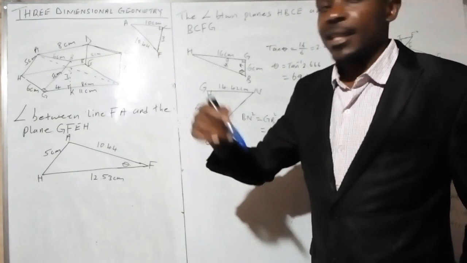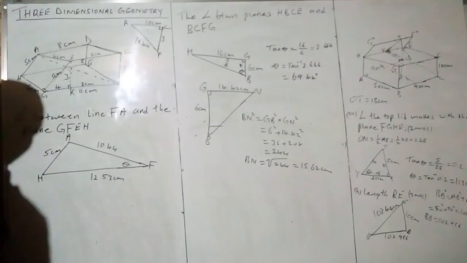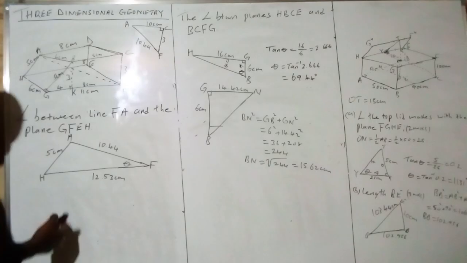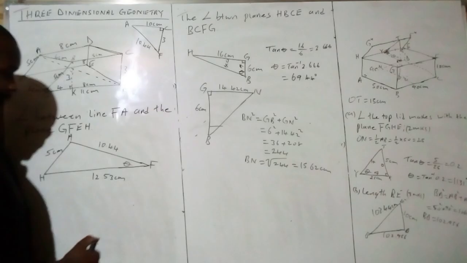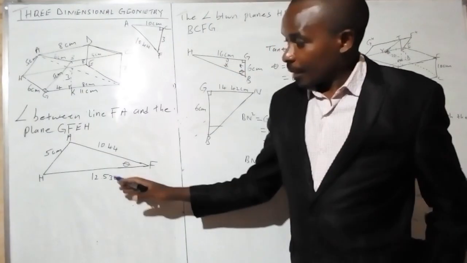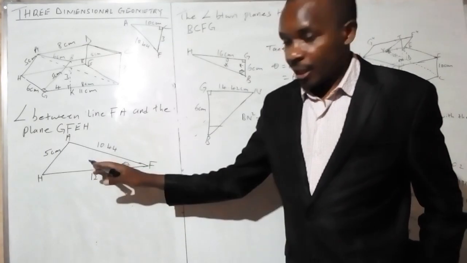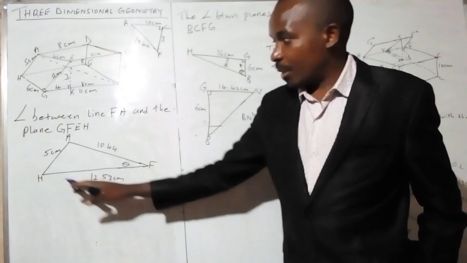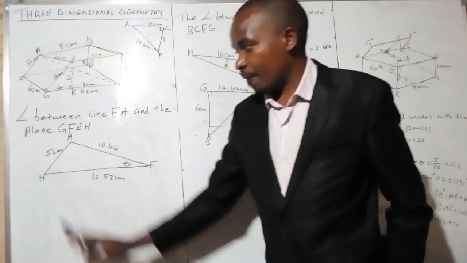Yeah, so we are going to come here and use the cosine rule. We use cosine rule since this triangle is neither an equilateral triangle nor an isosceles triangle. It is scalene because this side is not equal to this, neither is it equal to HF. So you can only use cosine rule.